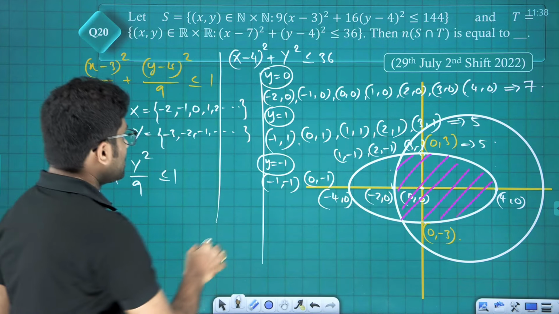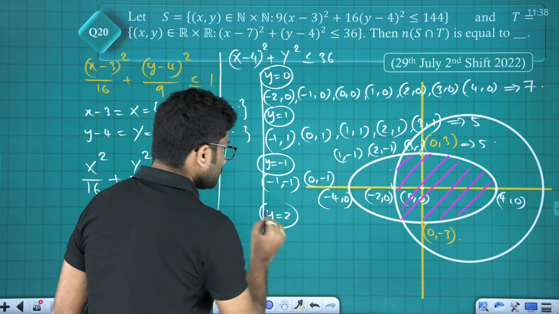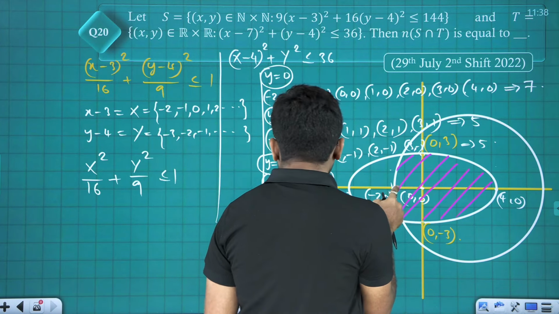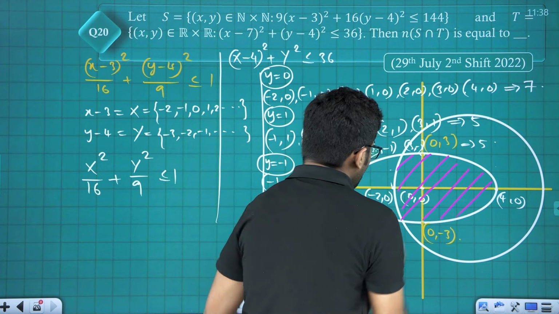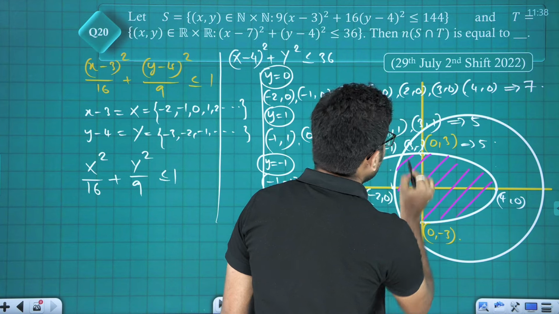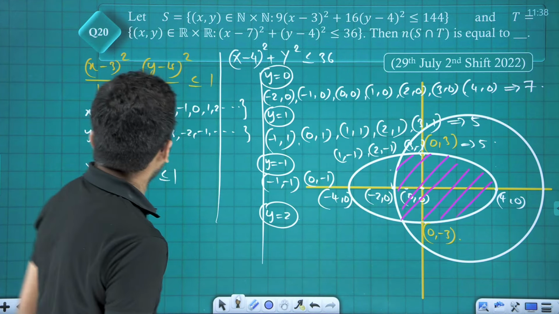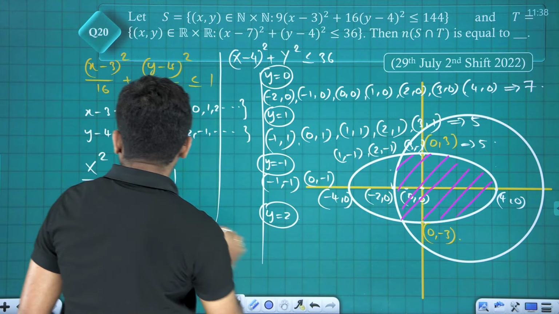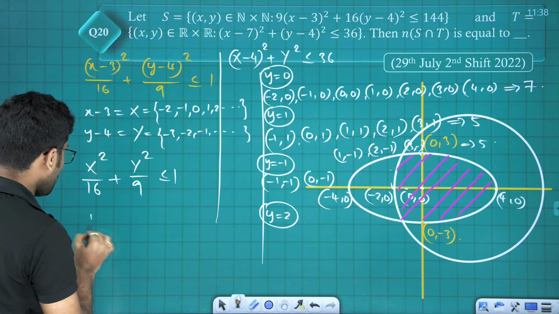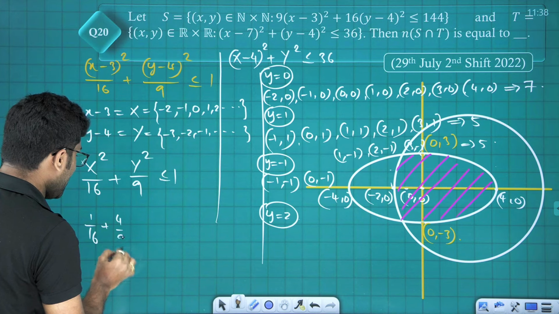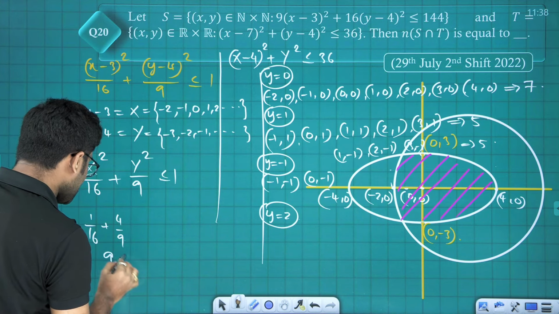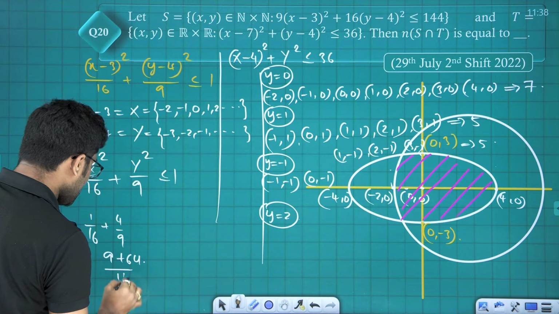Next, if y is 2, -2, 2 will be somewhere outside. What about -1, 2? We'll check, friends. If we put -1, 2, it should lie inside: 1/16 plus 4/9. 1/16 plus 4/9 means 9 ones are 9 plus 16 fours are 64 over 16 nines are 144.